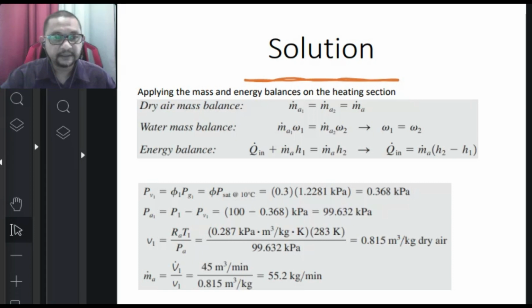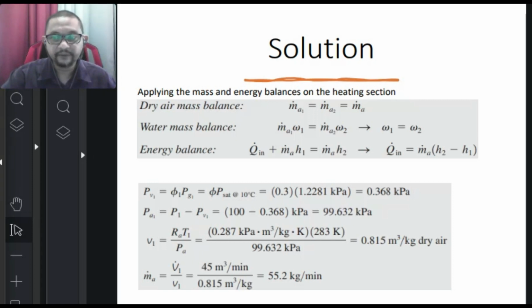Based on this, we start the system with the heating and the humidifying section, as I showed in the schematic diagram and also the psychrometric chart.